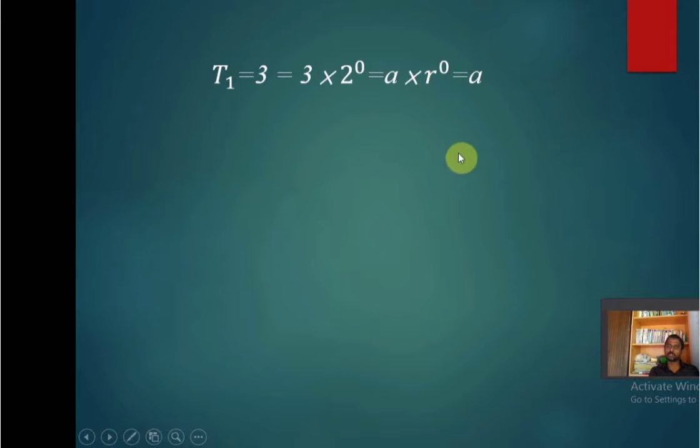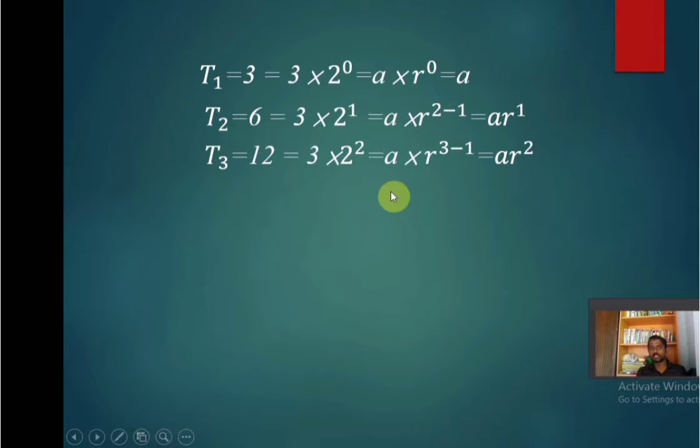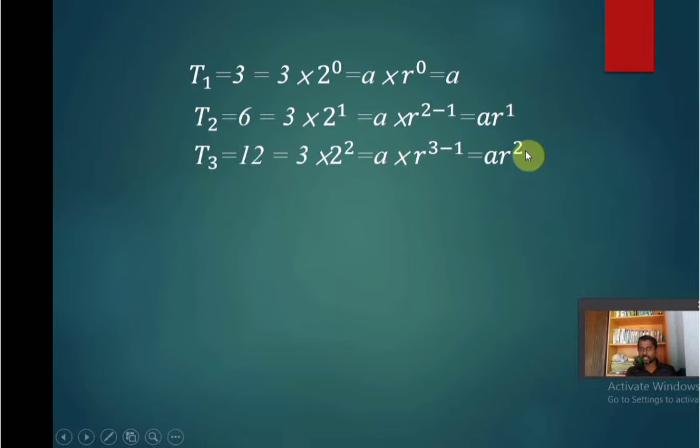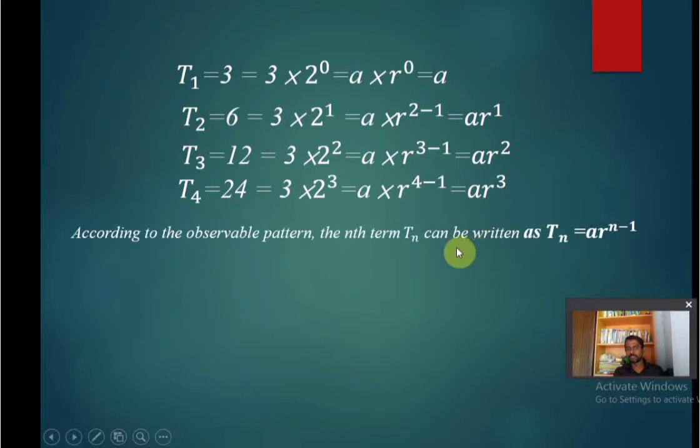R to the power 0 is 1, so it equals A. The second term is 3 into 2 to the power 1, so A into R to the power 2 minus 1, that is AR. Same thing here: 3 minus 1 is 2, so AR squared. Then the fourth term is AR to the power 4 minus 1, AR cubed.